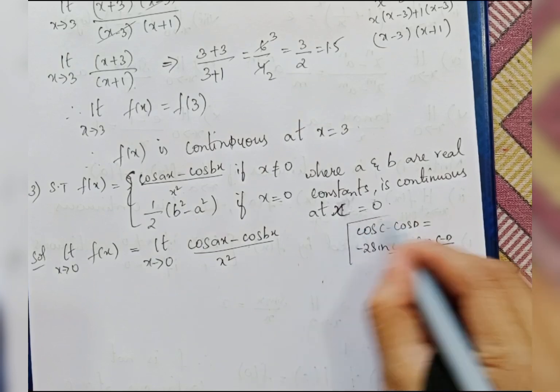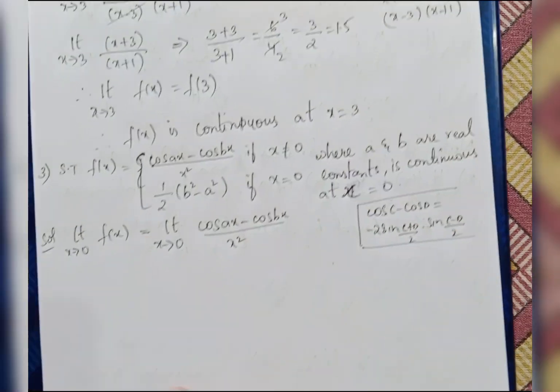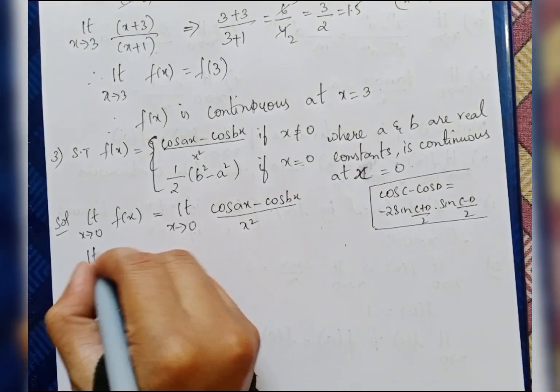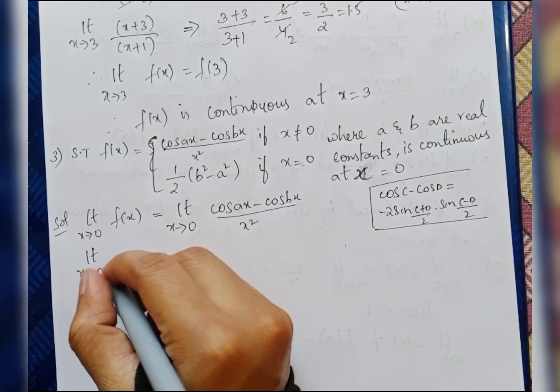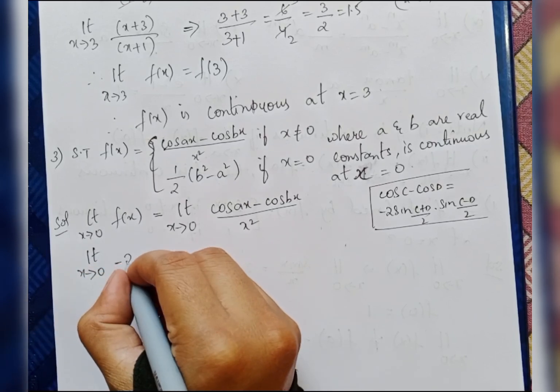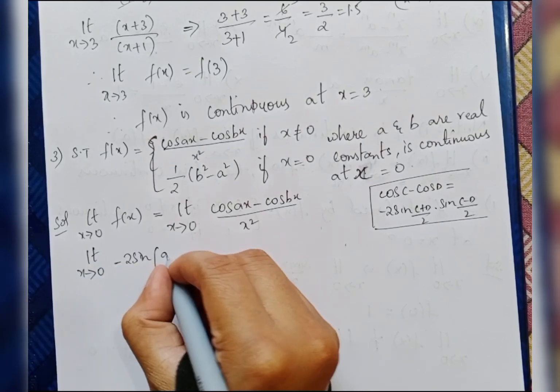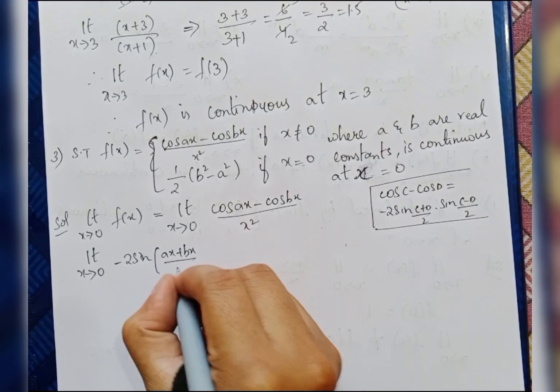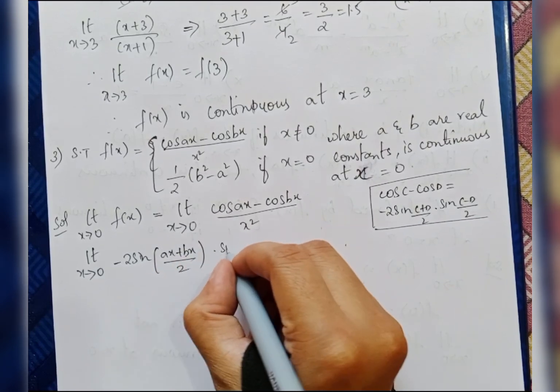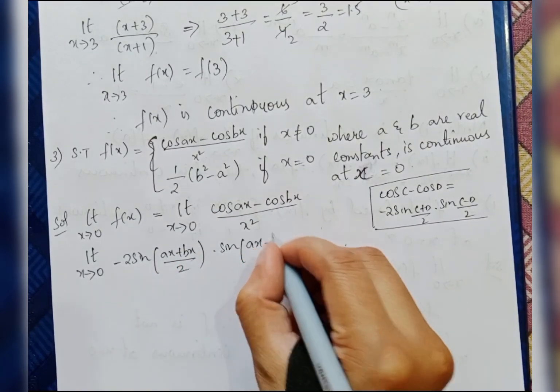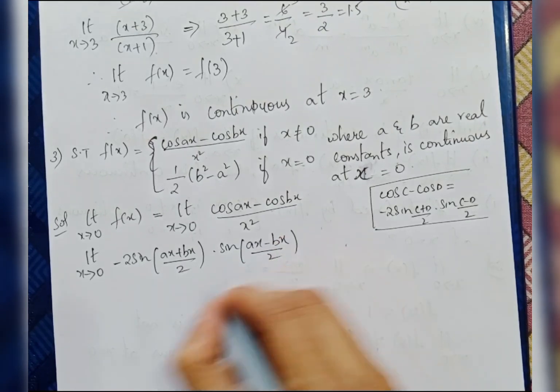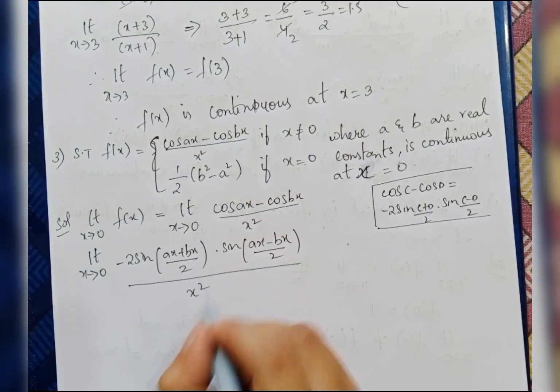This formula we need to apply. So it will become limit x tends to 0, minus 2 sine ax plus bx by 2 into sine ax minus bx by 2, whole by x square.